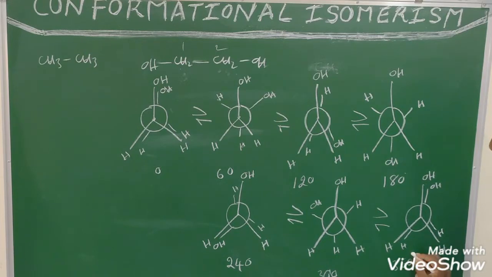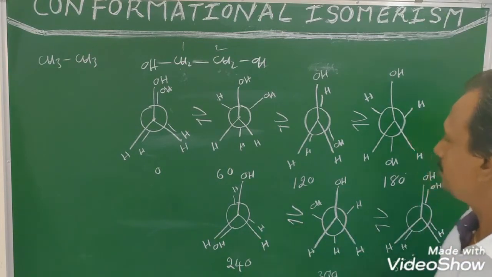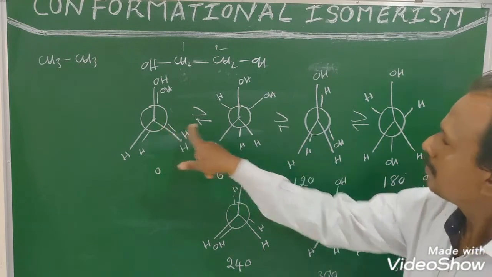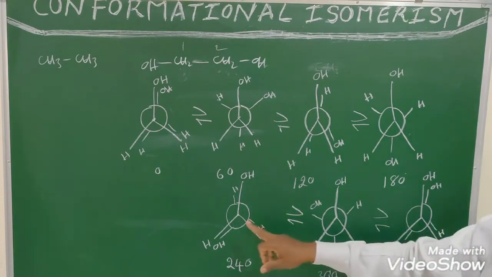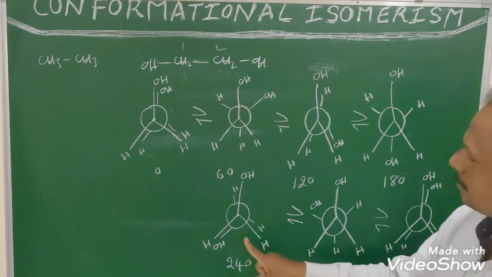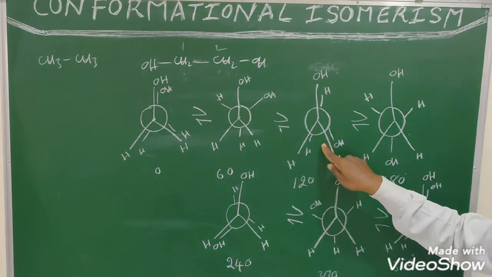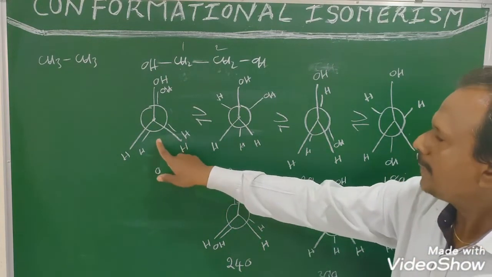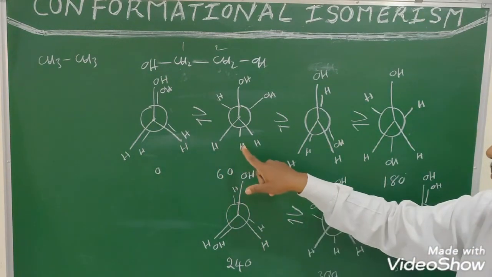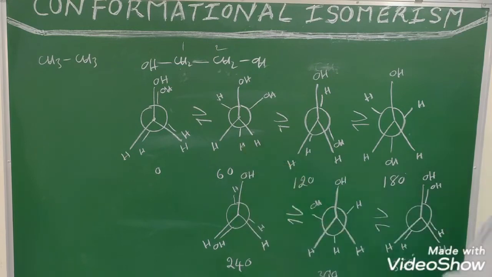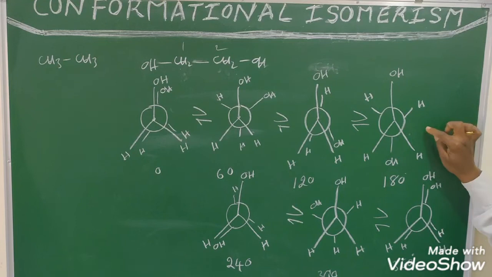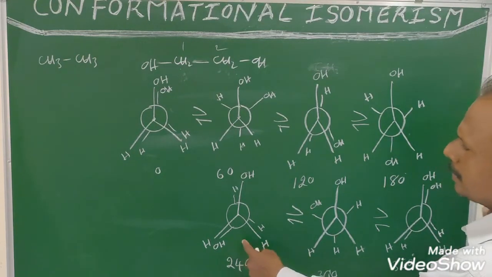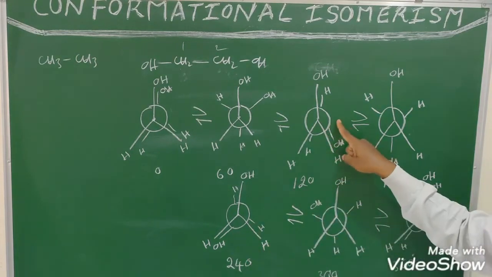After 180, repetition of conformations occurs. 240 is equal to 120; this conformation is equal to this conformation. It is fully eclipsed, Gauche, partially eclipsed, and anti. Again 240 is equal to 120.